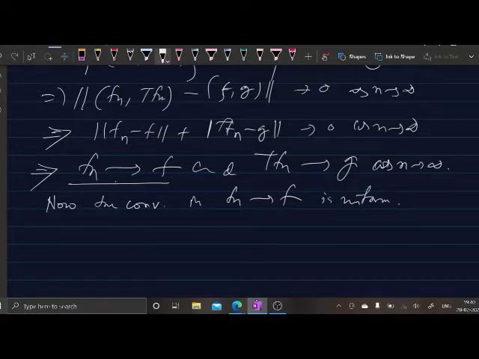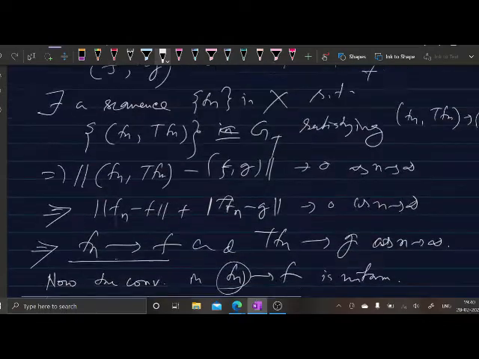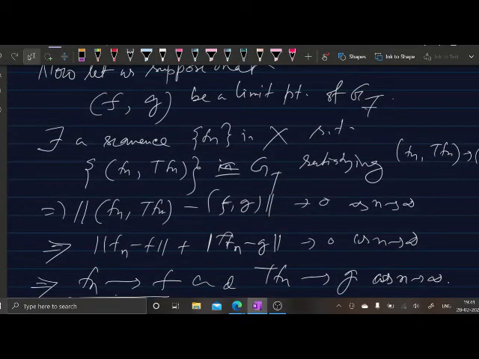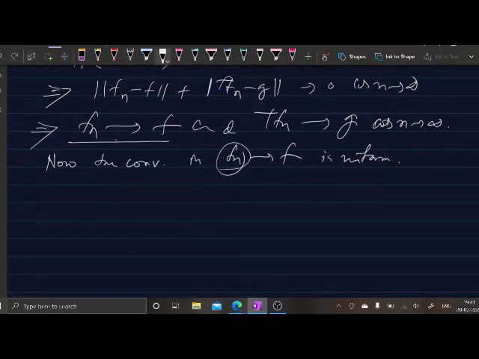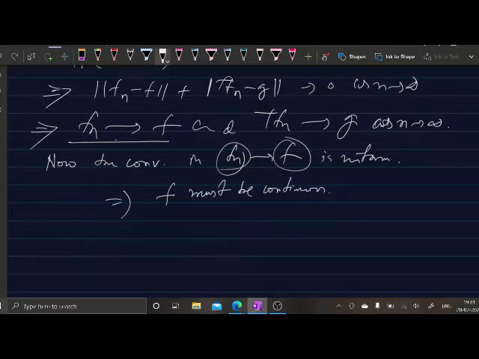And since these f_n's have been taken in X, these f_n's are continuous maps, and since f is the uniform limit of this sequence, this implies f must be continuous, right? So f must be continuous.